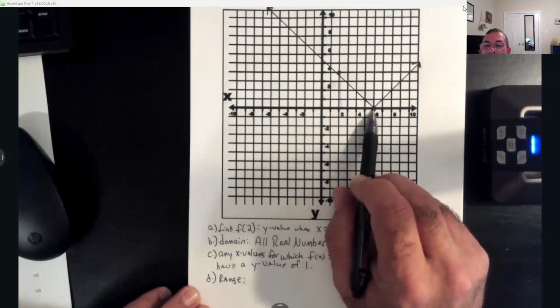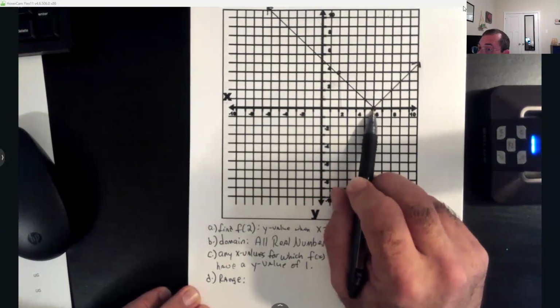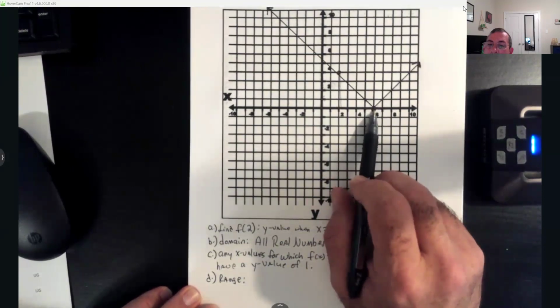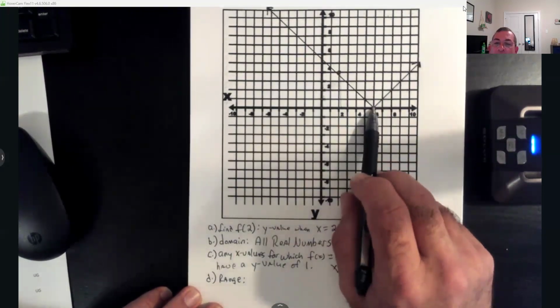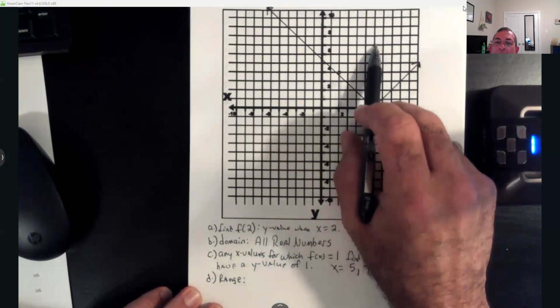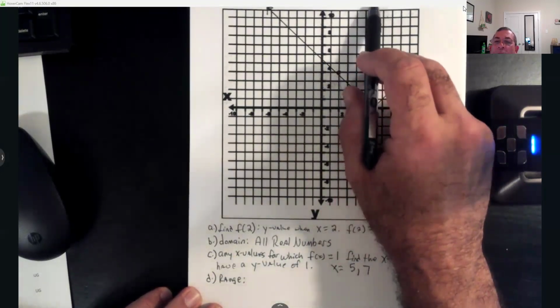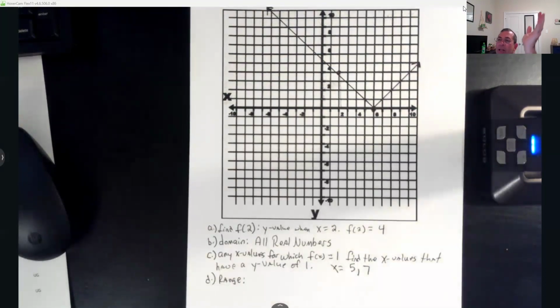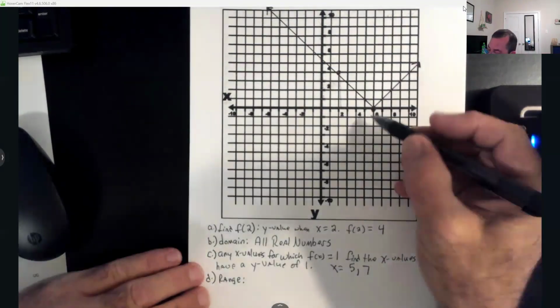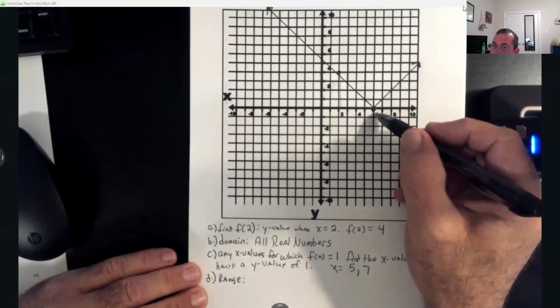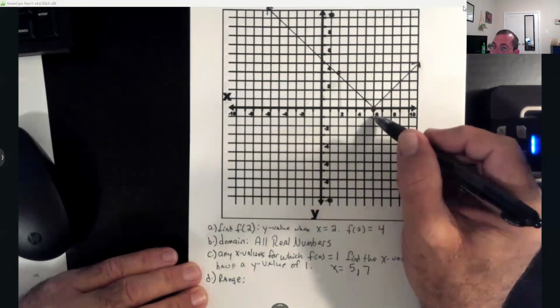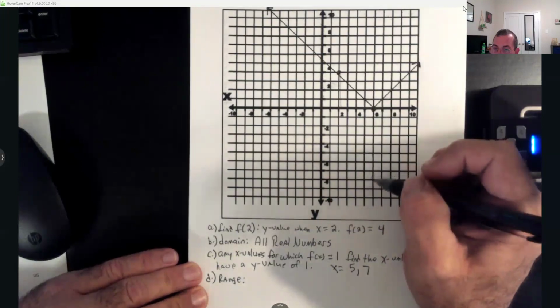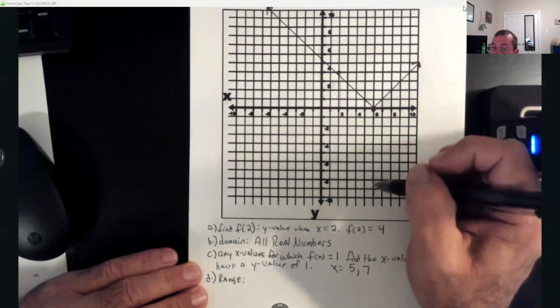So that means that the smallest point has a y value of 0. And then this is going upwards. So from 0, this graph is going up, all these y values, and it continues going up. So none of the y values are negative on this. So we can't say it's all real numbers because it's not coming down into the negative y values.